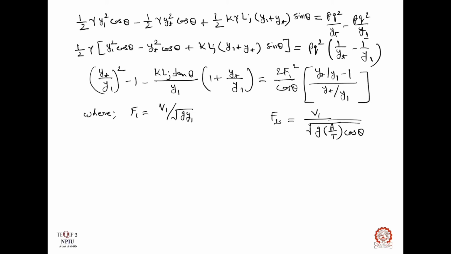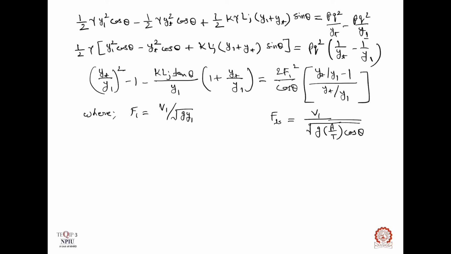This is the Froude number for the case of sloping floor channel. Here we are taking F1 as V1 divided by root over g y1. This is just a convenient non-dimensional parameter we are considering to simplify this equation.